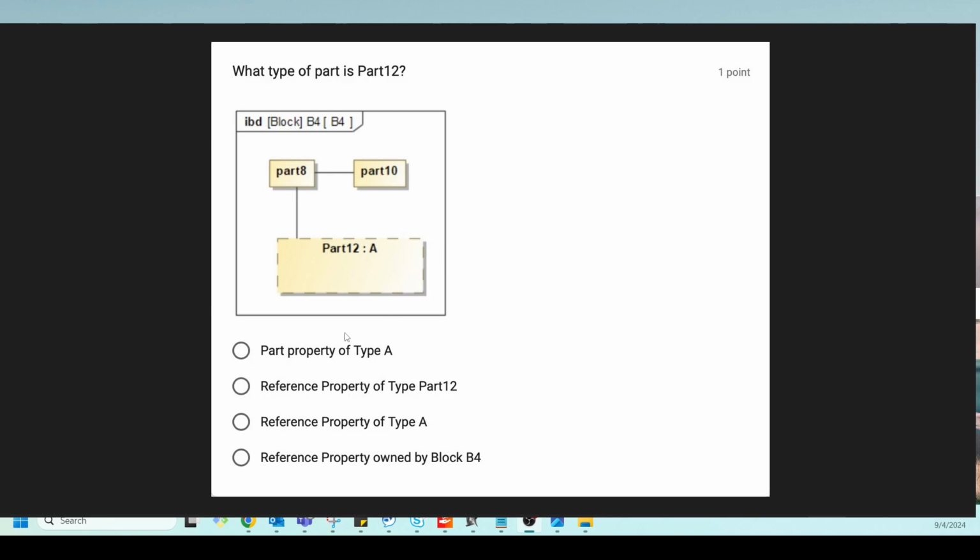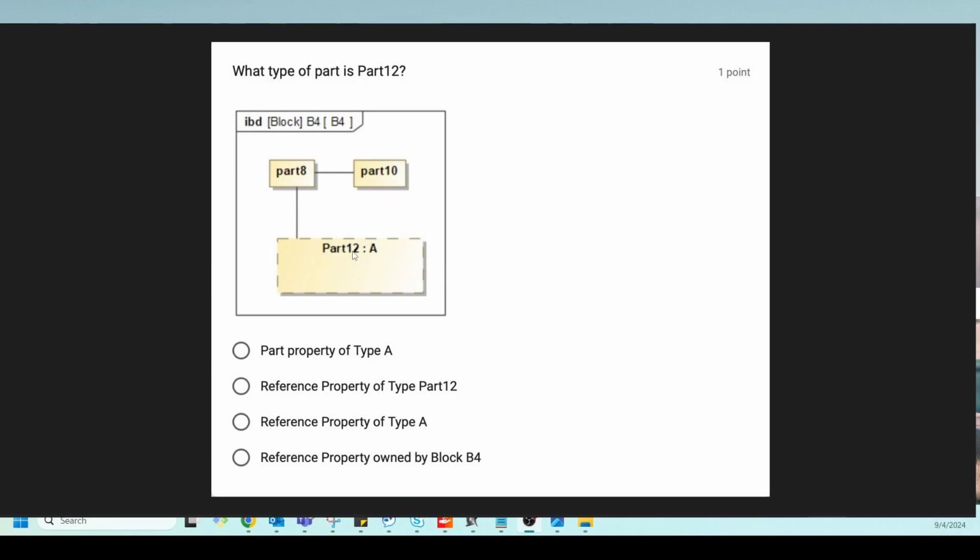So we can eliminate option A, part property of type A, and now we can look at choices 2, 3, and 4. So we can look at reference property of type part 12. Well, you also need to understand what the colon means after part 12, and what part 12 actually means. That is the reference name.